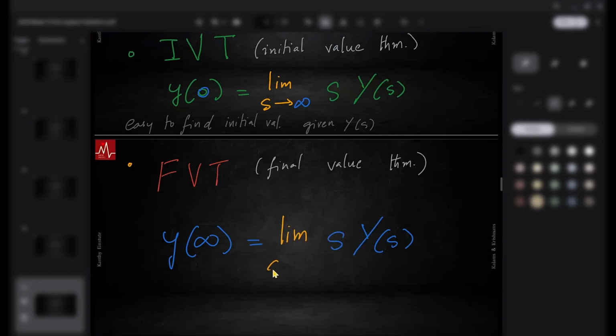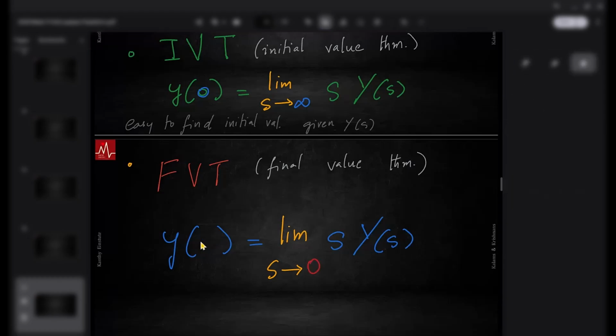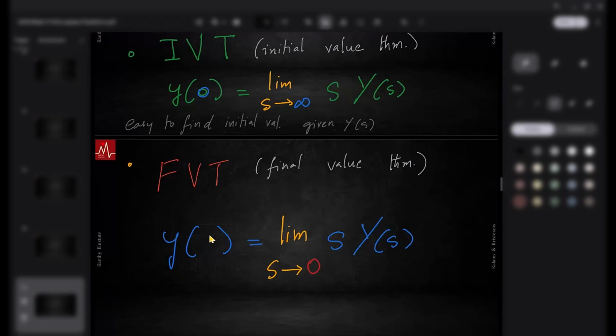Now we have to substitute s tending to 0. We put 0 here and get the final value.